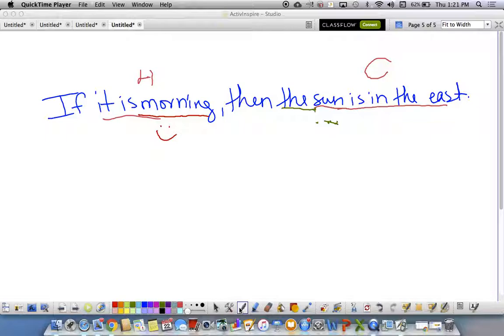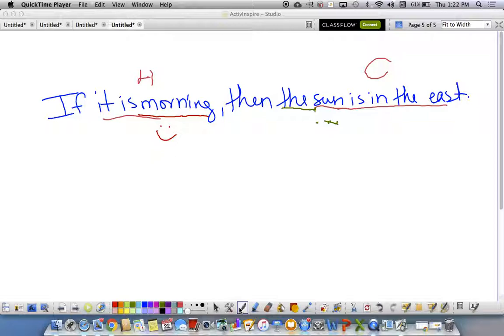The hypothesis will never include the word if. It is morning. Then, conclusion. The words if and then will never be in our hypothesis or conclusion.